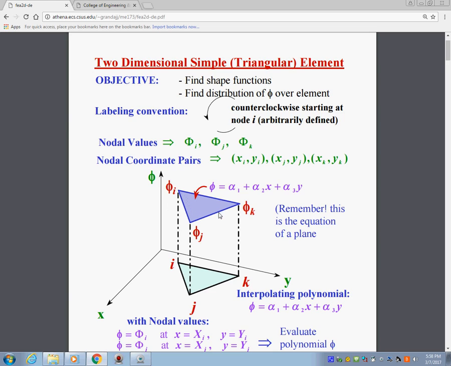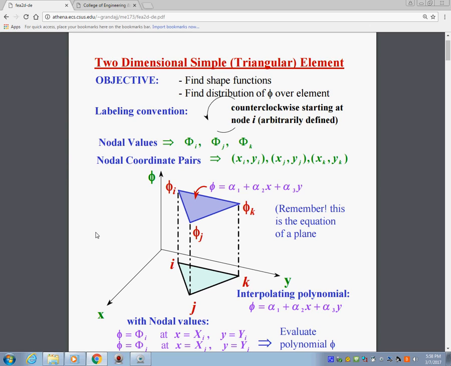And the blue triangle that you see above is the solution phi. The solution phi obviously is a projection of the element.